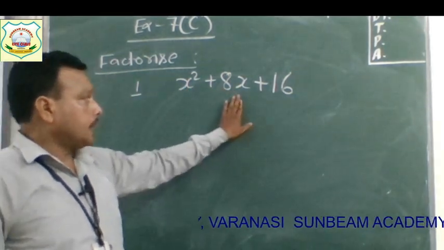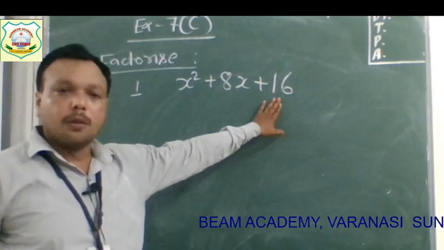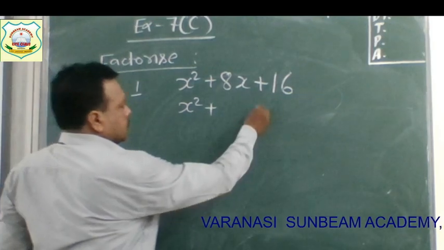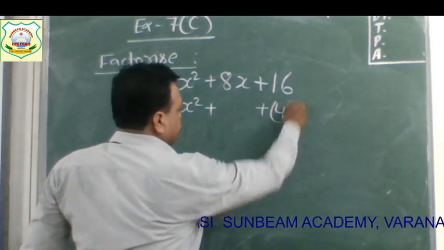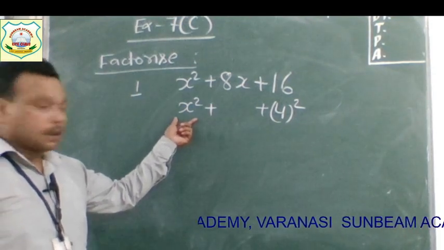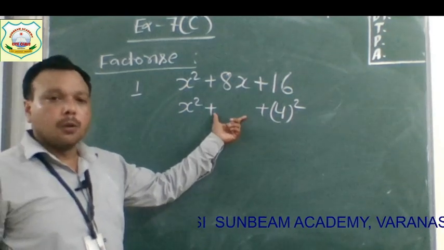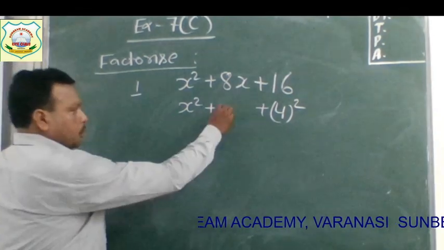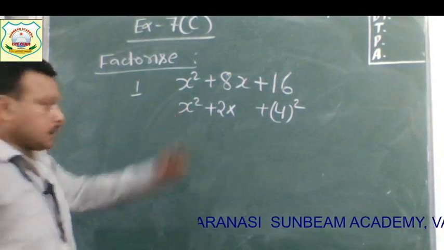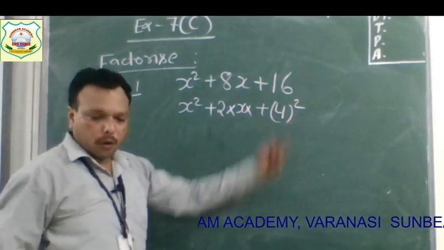x square plus 8x plus 16. We can say that 16 is the square of 4. So x square plus 4 square. Students, if you compare with the identity a square plus b square plus 2ab, what should be here? The a value is x and the b value is 4.